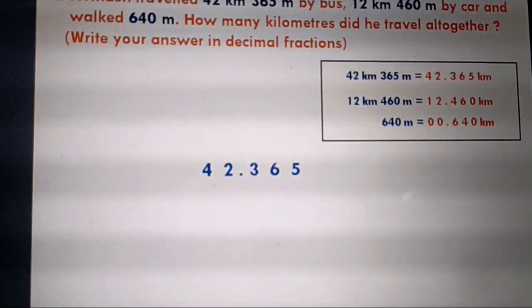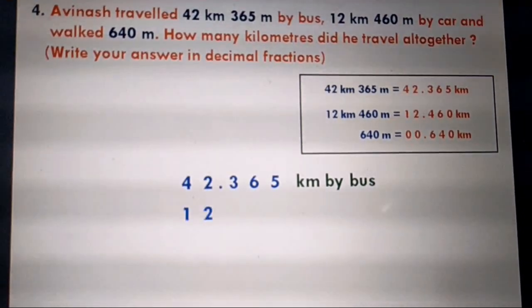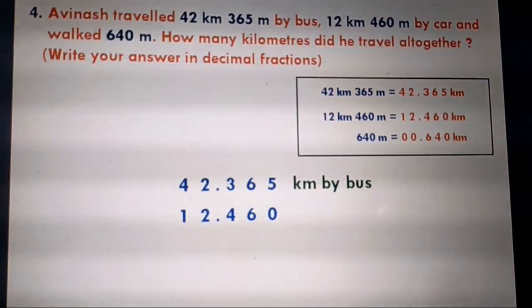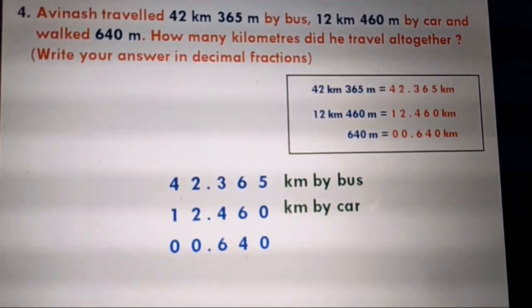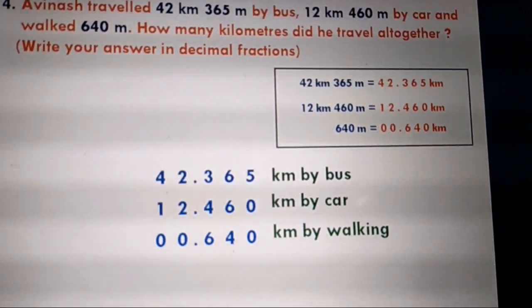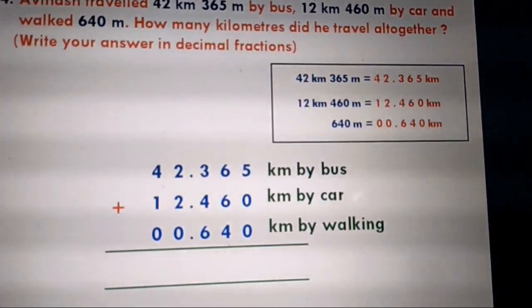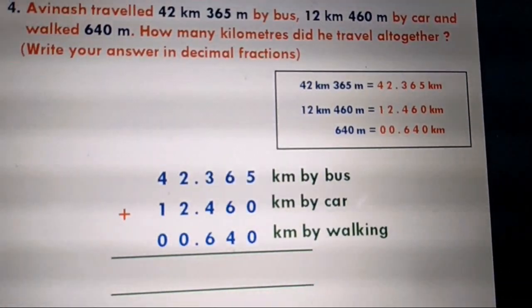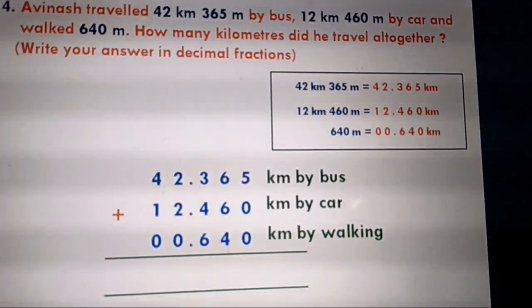So first one 42.365, second one 12.460, third one 0.640 kilometer. Now see, all these three values we have to add in order to find how many kilometers he traveled altogether.